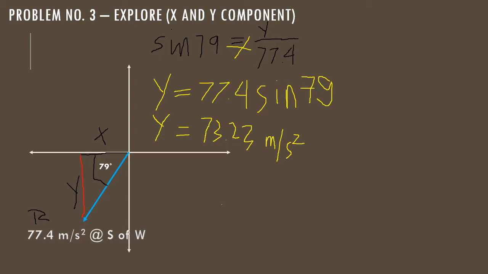So next, we find the x component. So cosine 79 is equal to adjacent, which is x, over hypotenuse, which is 77.4. So cross multiplication.